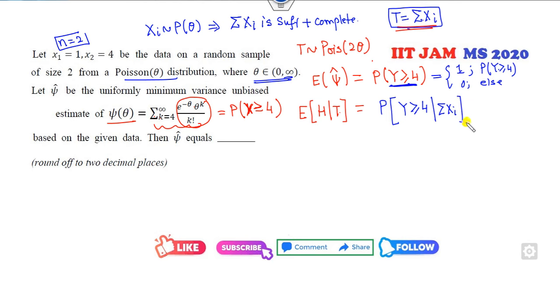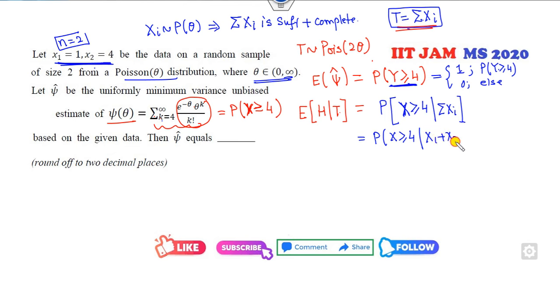Fine. Now how can you find the probability of y greater than or equal to 4? Y is nothing but my xi's. So that means I can change this to x equal to 4, because it's an xi. What is the sum of the xi's? The sum of the xi is 5. So that's over. My target is to find this.